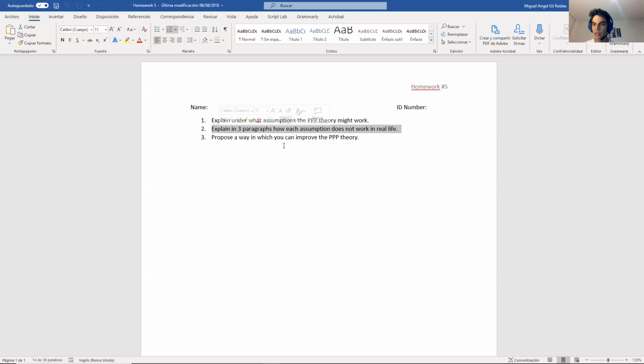So this theory doesn't really consider political risk or something like that. So one simple way to improve this theory is if you propose to take into consideration political risk. It's as simple as that, but that is one example.